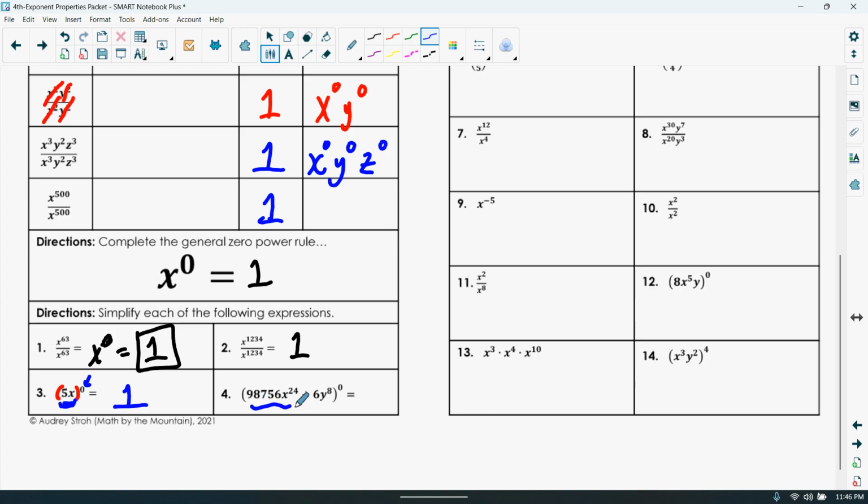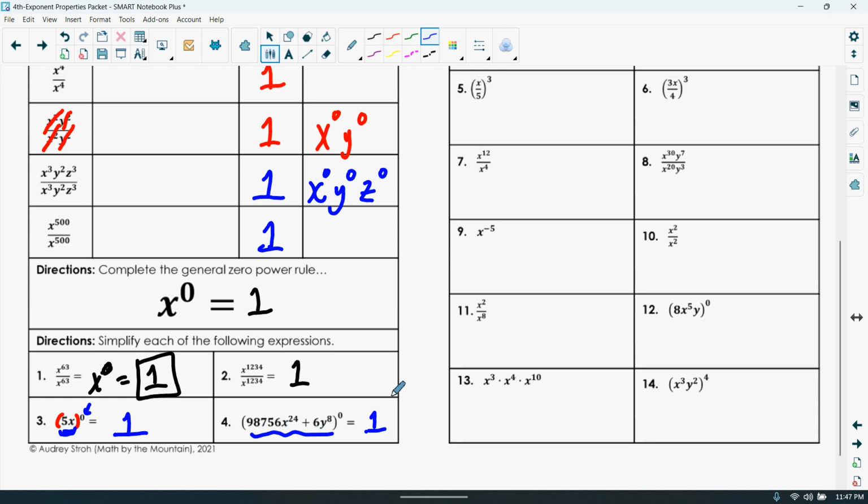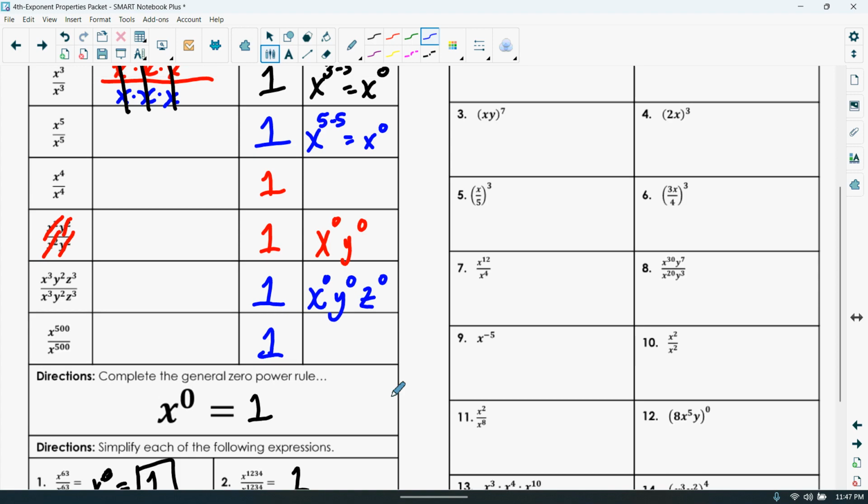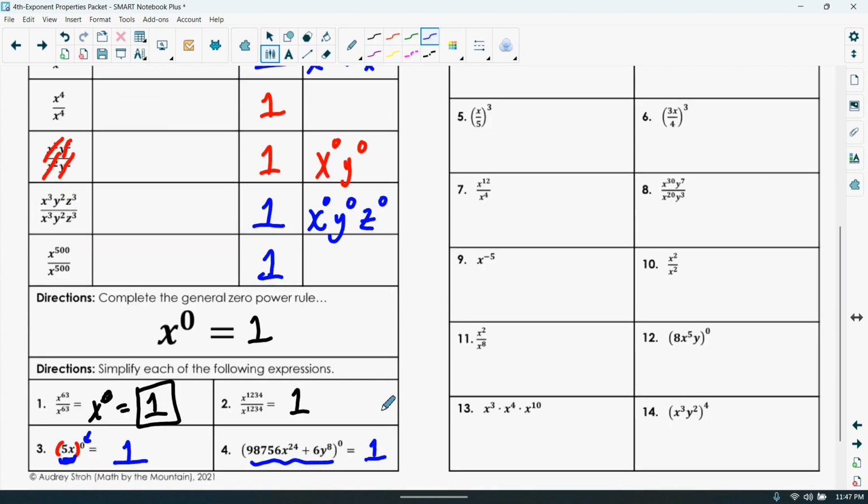Even if you have an operation, so you're having this plus this, but it's raised to the 0 power, it still equals 1.